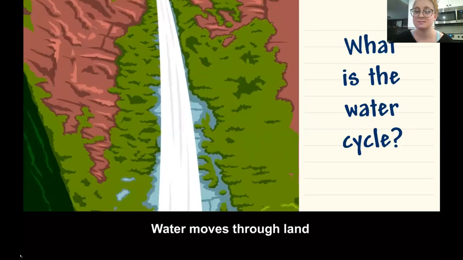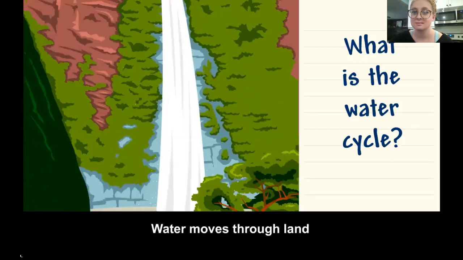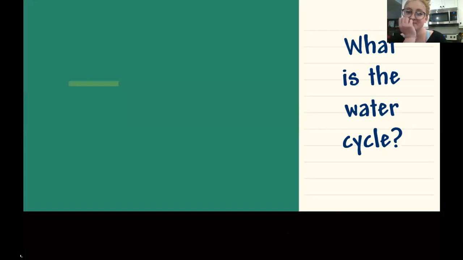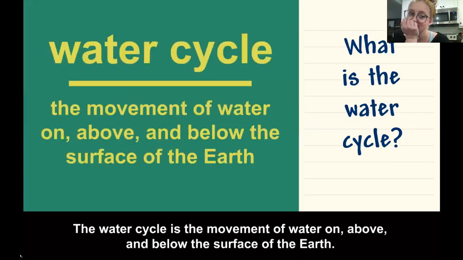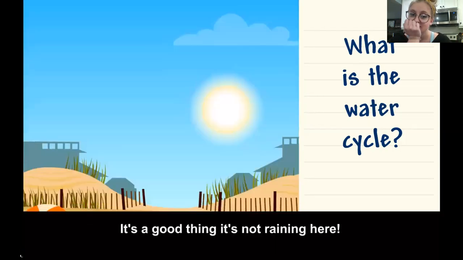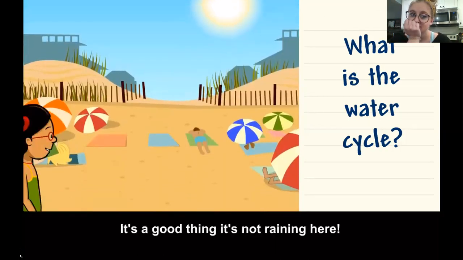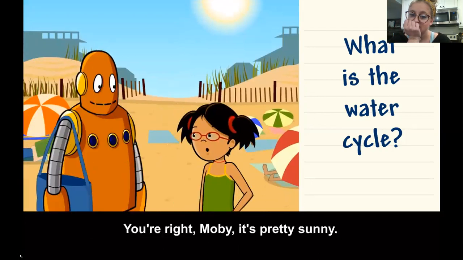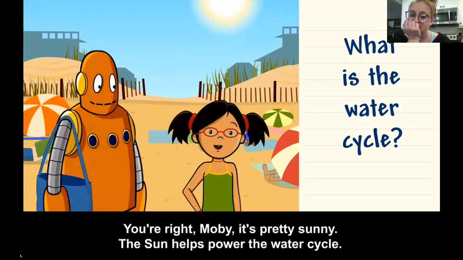Water moves through land and through the air. The water cycle is the movement of water on, above, and below the surface of the Earth. It's a good thing it's not raining here. You're right, Moby. It's pretty sunny. The sun helps power the water cycle.